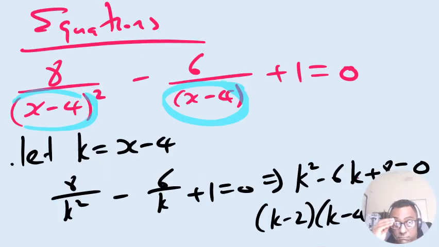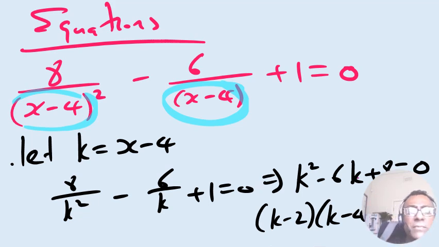What is this? 8 over x minus 4, all squared, minus 6 over x minus 4, plus 1 equals 0. You see that stuff circled in blue? Let k equal x minus 4. Then that becomes 8 over k squared. That's the famous k method. My English teacher was called Mr. Kandasamy, a very prim and proper gentleman, so I call it the Kandasamy method.